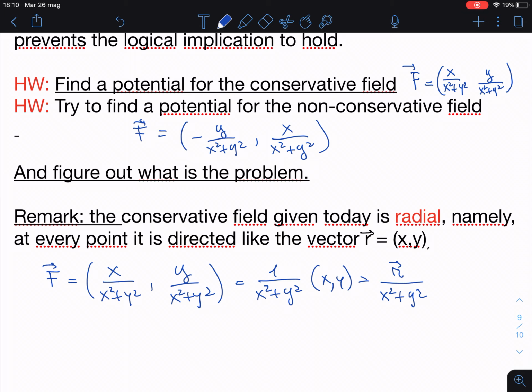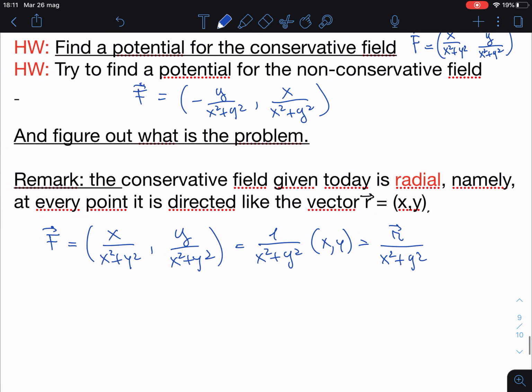It is a factor times the vector r, even though the factor contains x and y. The factor is a function, but it is good. There is no problem. So such fields are always conservative. This is another important thing to know.